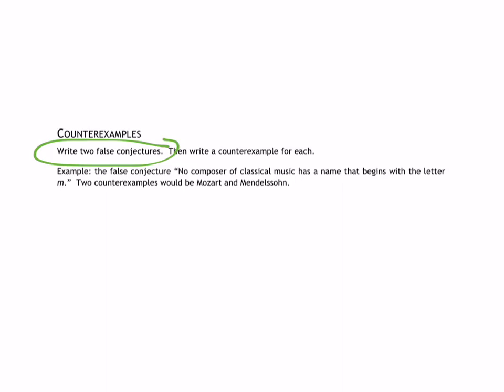And then try to make those general as well. I think those are going to work best, because if we're looking for counterexamples, we're trying to come up with specific examples for which that general statement is not true. And then you'll go find another classmate's conjectures and see if you can think of counterexamples to each of those statements.